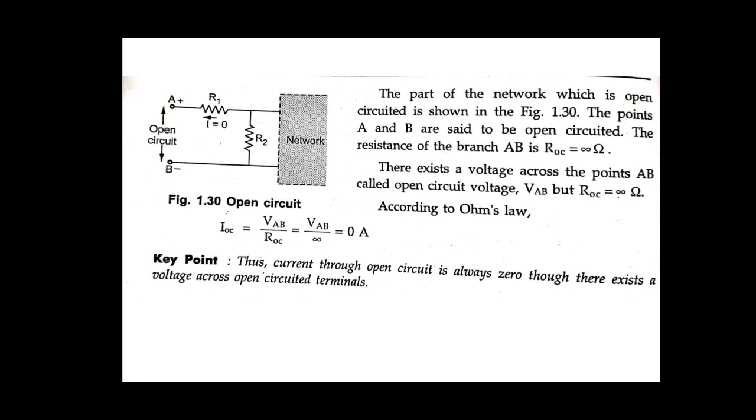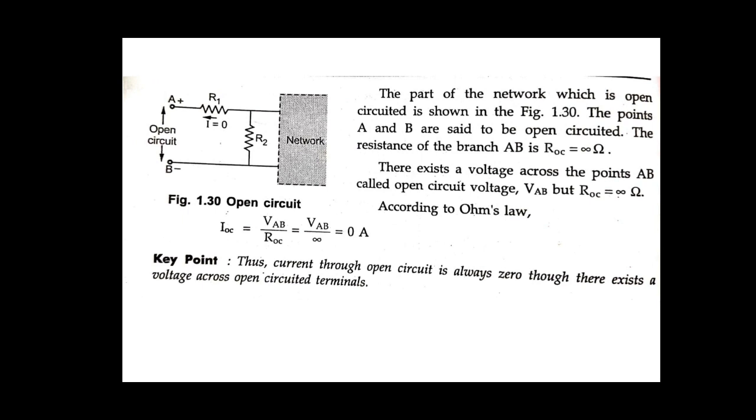This is the key point. The current through the open circuit is always 0, though there exists a voltage across the open circuit terminals. Remember that in an open circuit there is no current flowing, and there is a voltage across the terminals A and B.